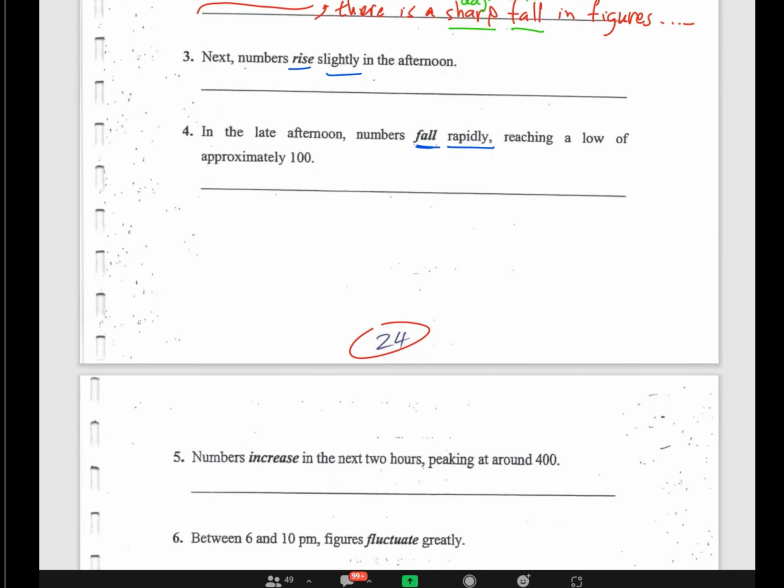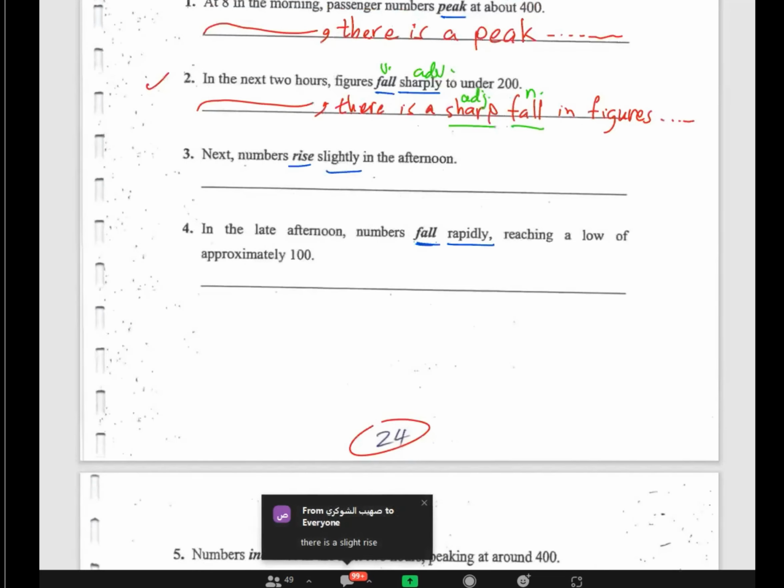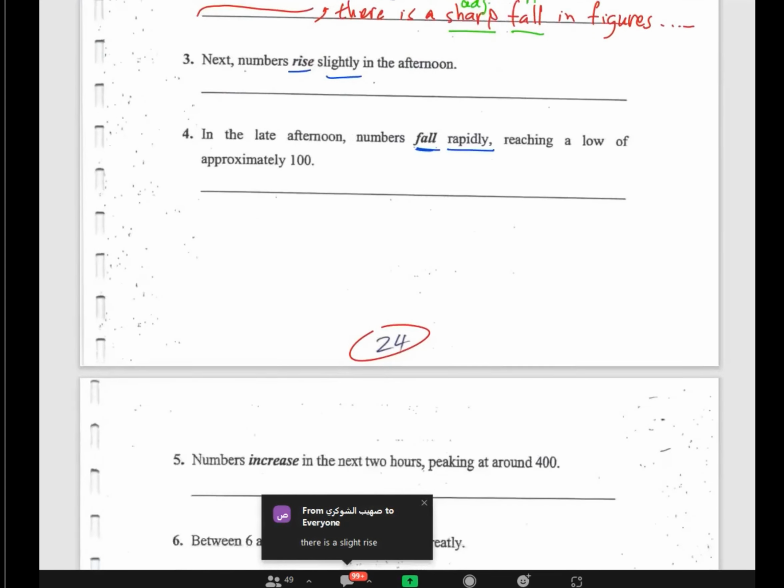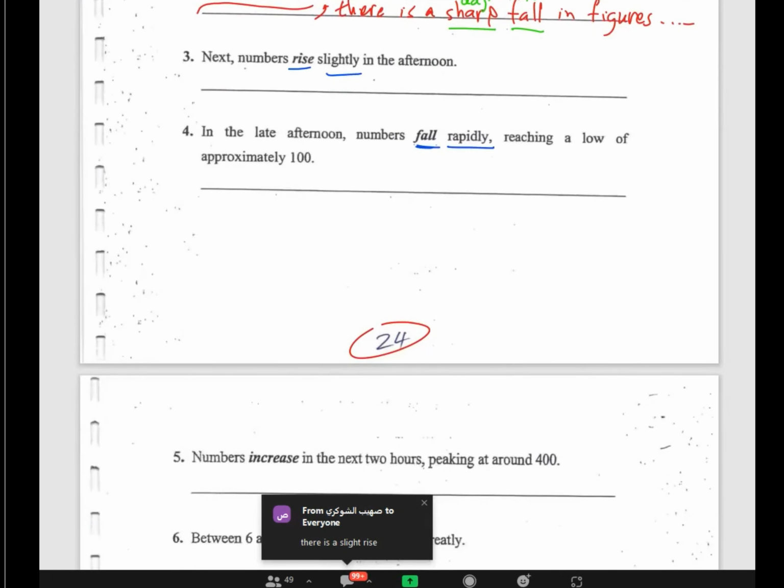Okay, let's discuss. Number 3. Just give me the right sentence. Yeah, there is a slight rise. That's enough. Number 4. Yeah, there is a rapid fall.